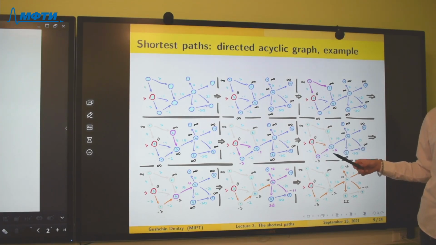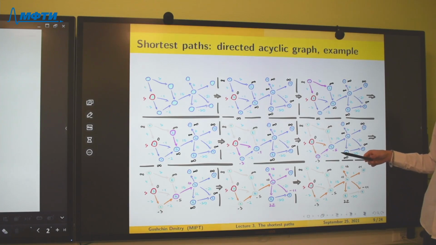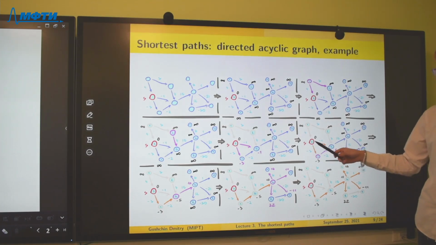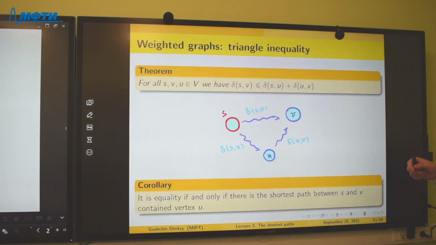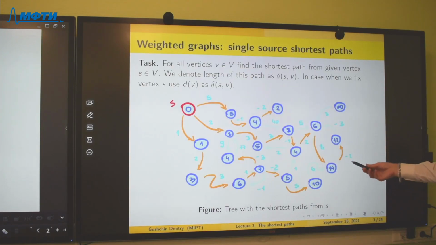Yeah, it's about links between vertices and the previous vertex in the path from the source to it. You remember the tree that we need to get in the result.